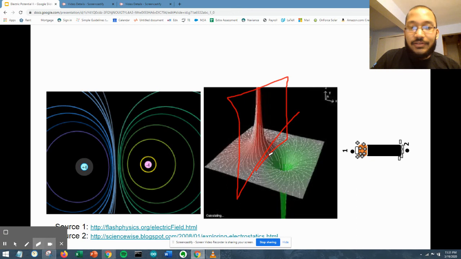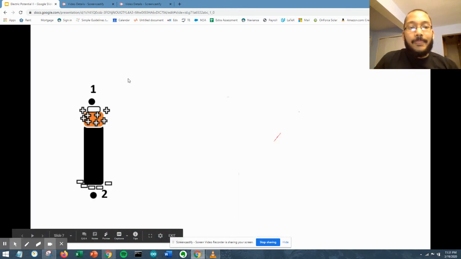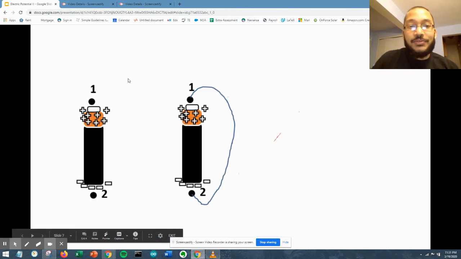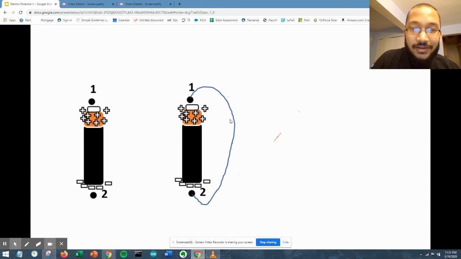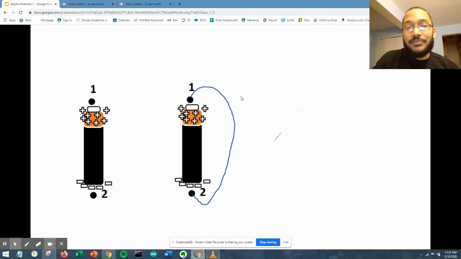So why is a battery useful? Well, we can make use of a battery with one life hack, with one trick. You take the battery and you put a path where the charges can easily move.